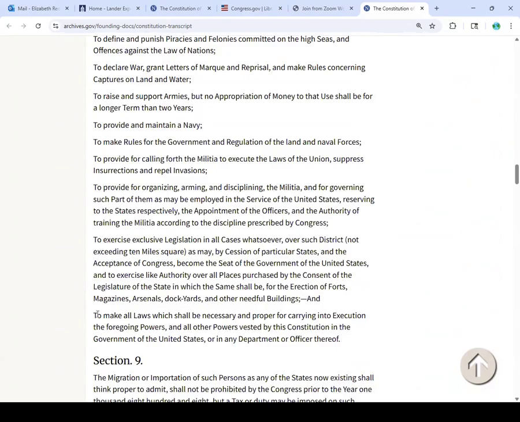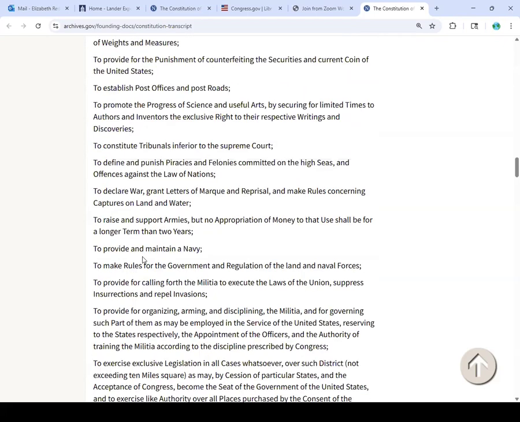It reads here, Congress shall have the power to make all laws which shall be necessary and proper for carrying into execution the foregoing powers and all other powers vested by this Constitution in the government of the United States or in any department or officer thereof. So this last clause is at the end of a very long list of far more specific powers.